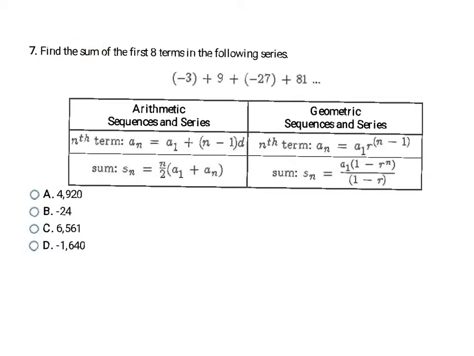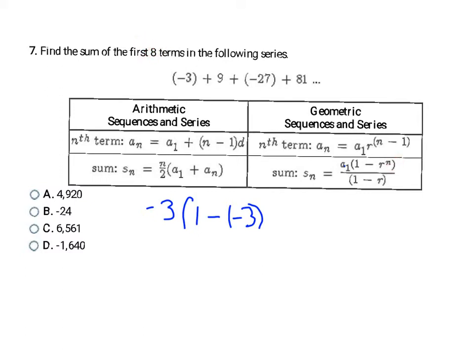And we're talking about the sum, so we're going to use the geometric sum formula. And so it tells us to take the first term, which is -3, times, parentheses, 1 minus the ratio, which is what you're multiplying by, which is -3 here, raised to the n power. N is the number of terms you're adding.